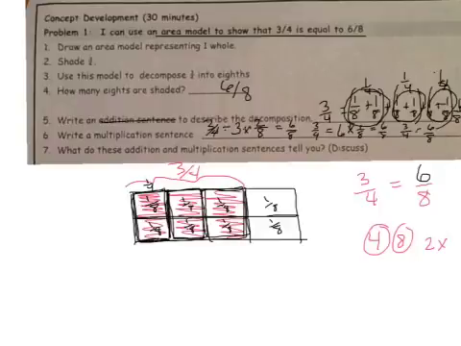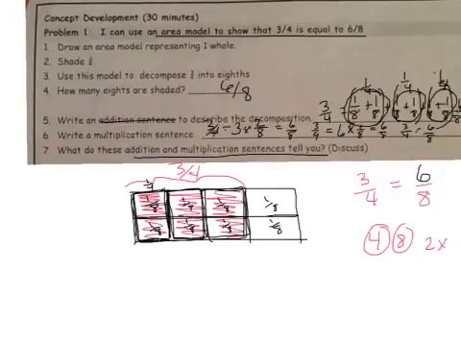The next question says, what do these addition and multiplication sentences tell you? This is a great question. Think about it like this. Look at our shaded areas. Did the shaded area change from when I first drew it to now? The red never changed.